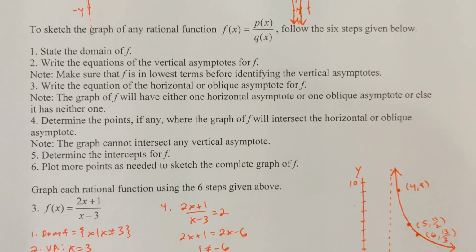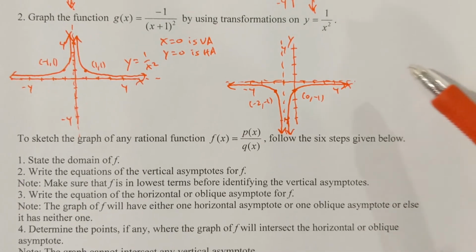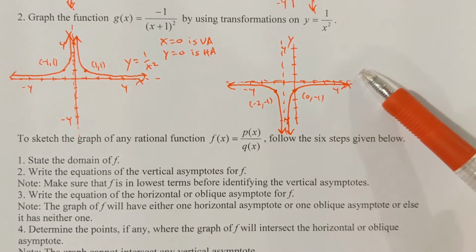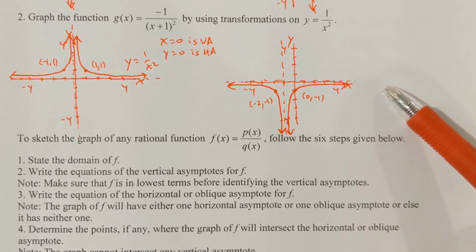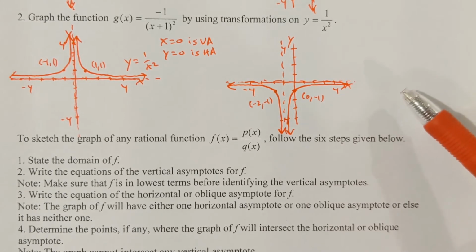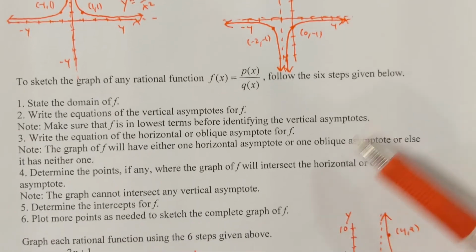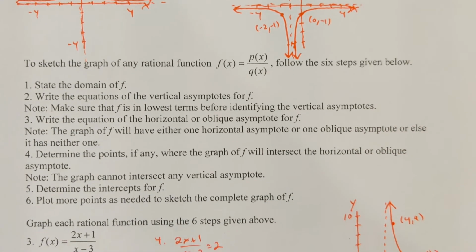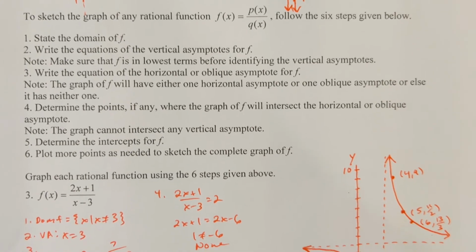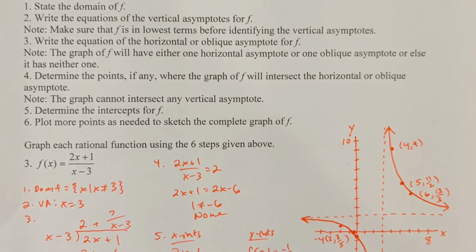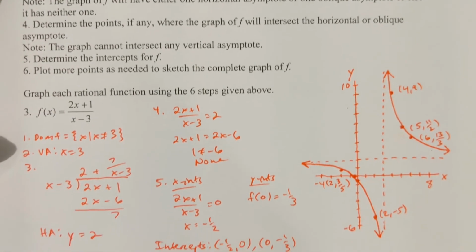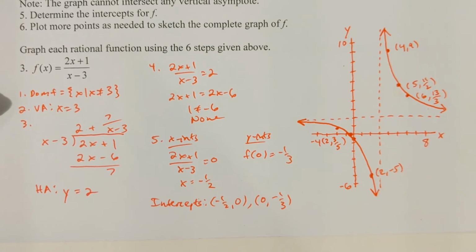The whole idea with an asymptote is that once you start heading out towards infinity or negative infinity, you're not all of a sudden just going to jump over the asymptote and cross it at some random spot. Or if you did, we'd have that information known from step 4. Step 5, we want to determine the intercepts for f, and then step 6, we're going to graph, and we will likely need to gather up more points so that we have an accurate picture at the end.